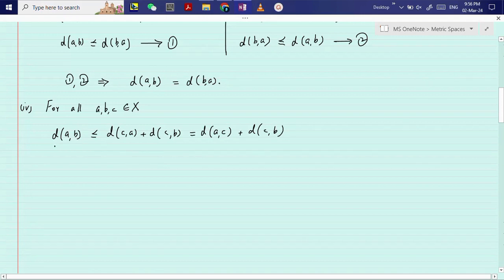So this is the triangle inequality, which is d of AB less than or equal to d of AC plus d of CB. So this is our required triangle inequality, and hence d is a metric on X.